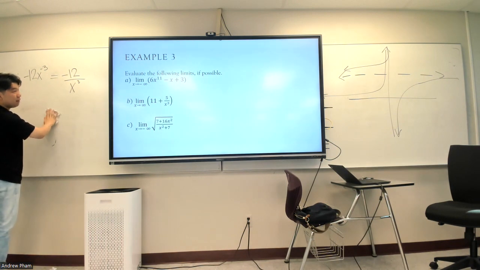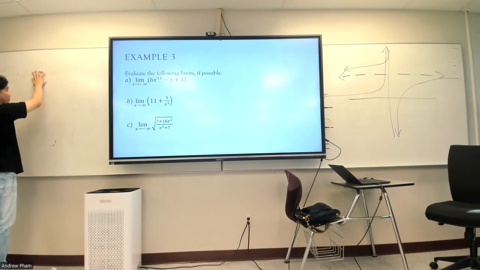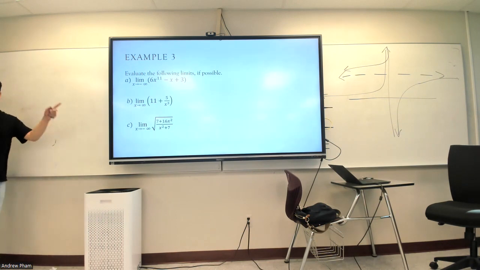So first off, is that a polynomial I see? It's a polynomial. All the powers of x are positive. I'm not dividing by x. And they're all whole number exponents. So it's a polynomial.